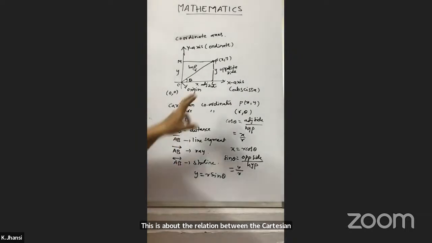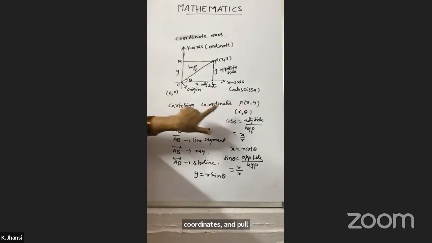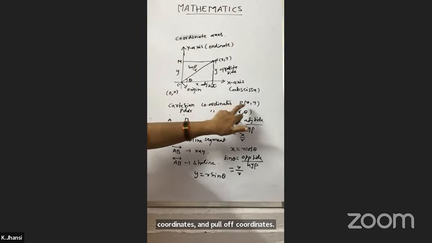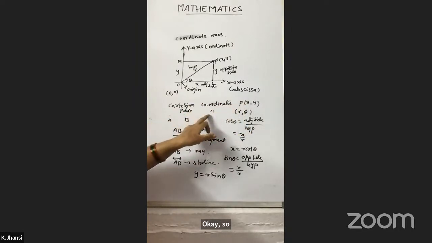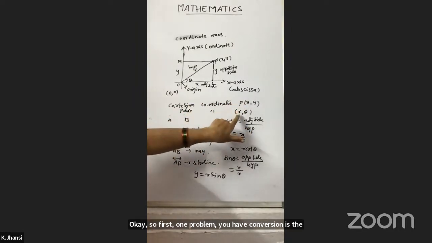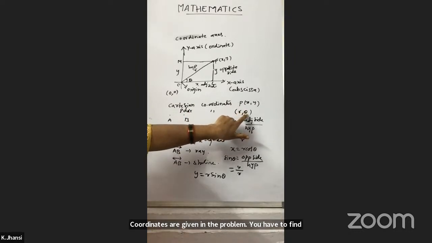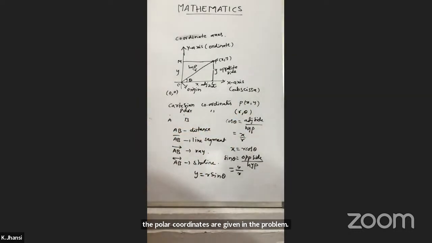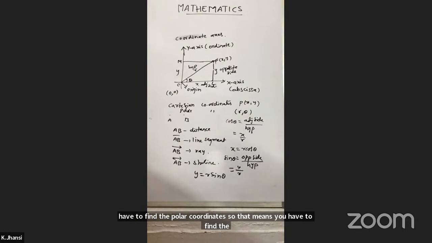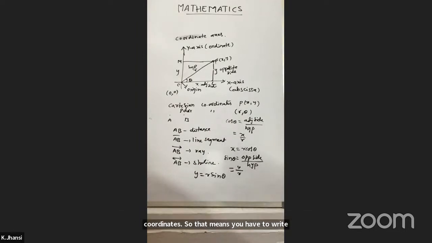Okay, so the first problem you have is conversion. If the Cartesian coordinates are given in the problem, you have to find the polar coordinates. That means you have to find the r value and also the theta value. Theta is nothing but the angle. So it may be 30 degrees or 45 degrees or 60 or 90 degrees, like this. Some value you will get.